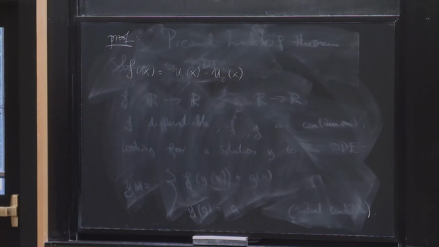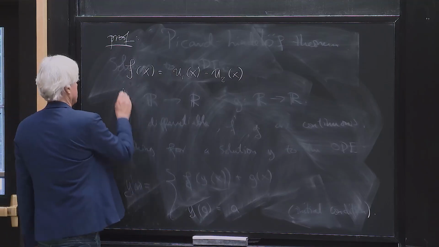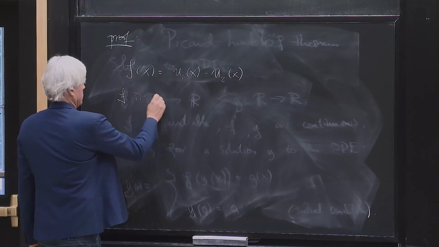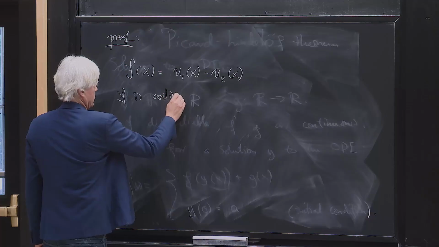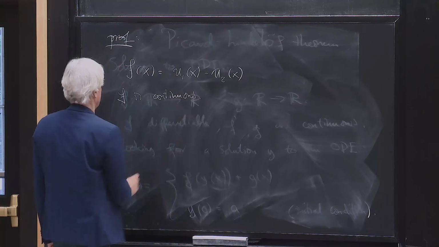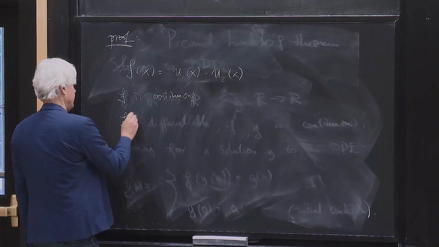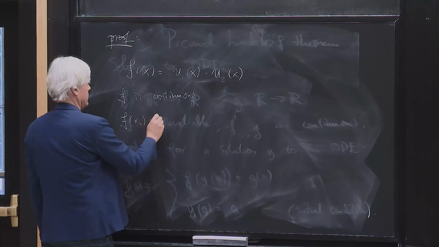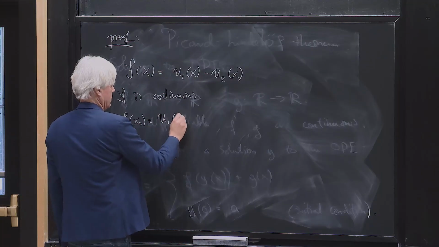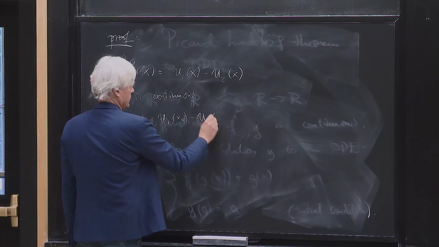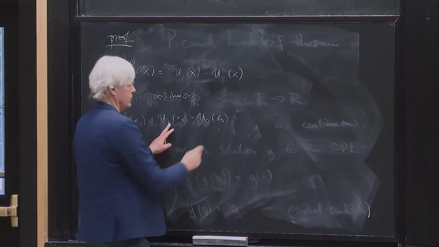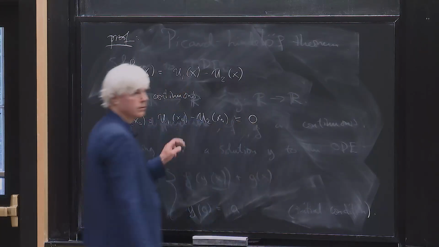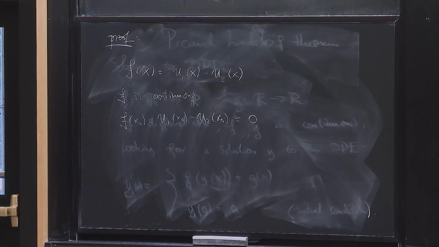Since u1 and u2 are continuous, f is continuous. You also have that f of x0 is u1 of x0 minus u2 of x0, and these two functions coincided at x0, so this is 0.